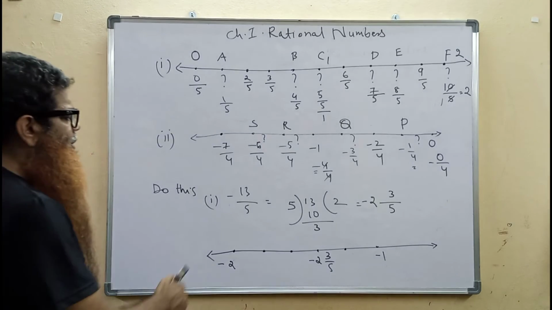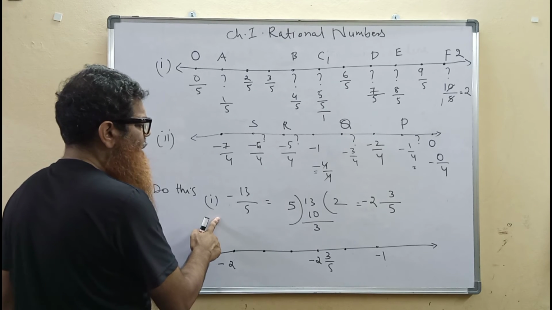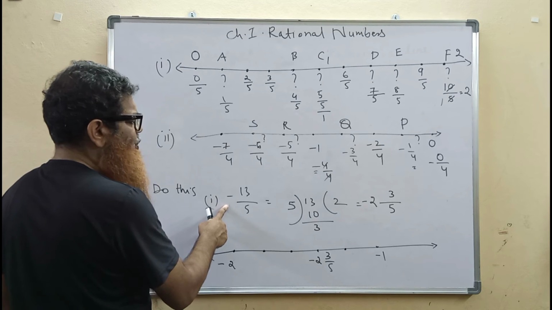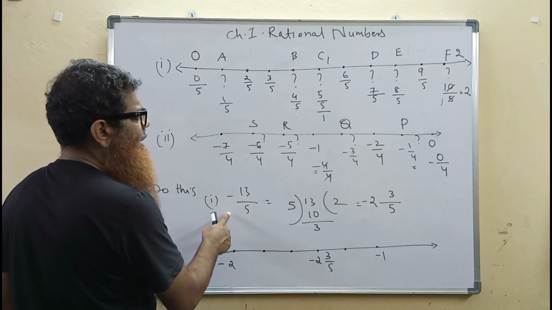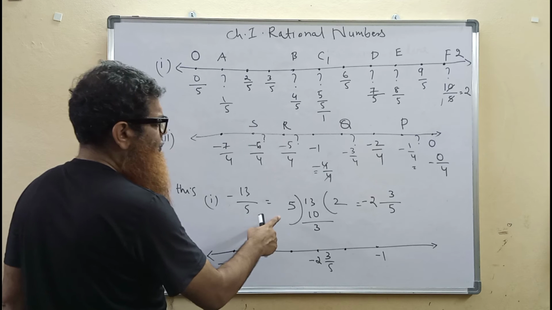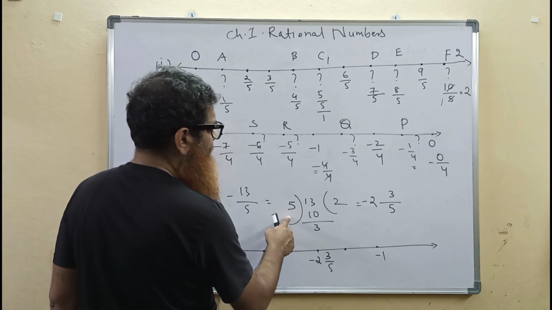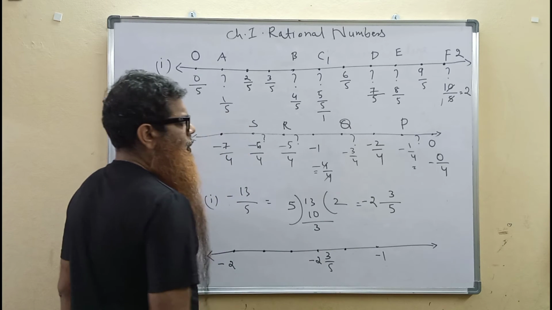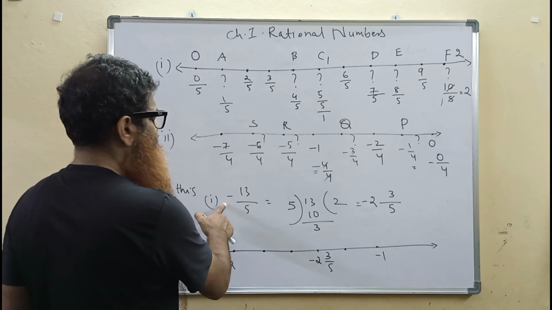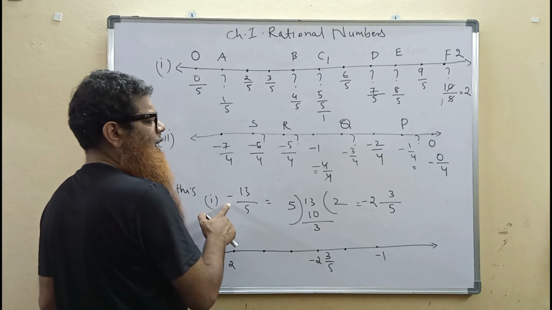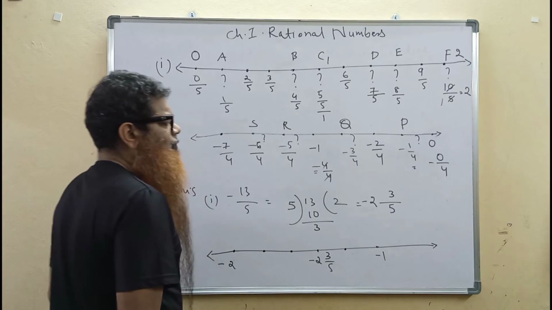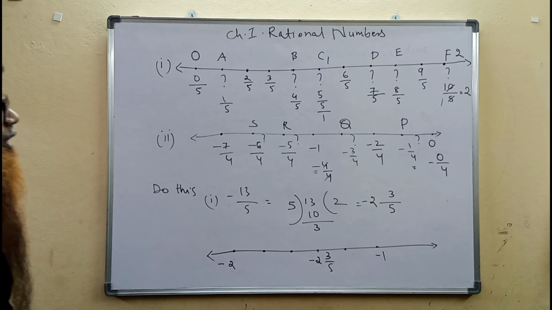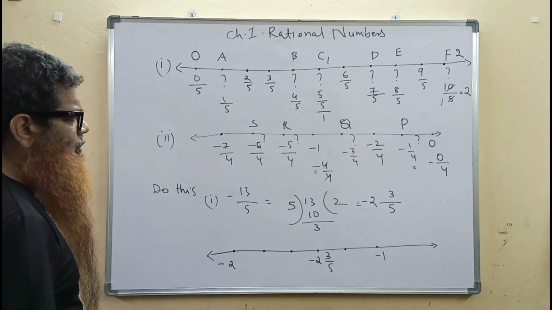We were to mark minus 13 by 5 on the number line. From this we can understand it's an improper fraction and it's a negative fraction. So when we find 13 divided by 5, it is minus 2 3 by 5. Here we have a negative sign, so we have minus 2 3 by 5. 5 is the denominator, so it should be divided into 5 equal parts.